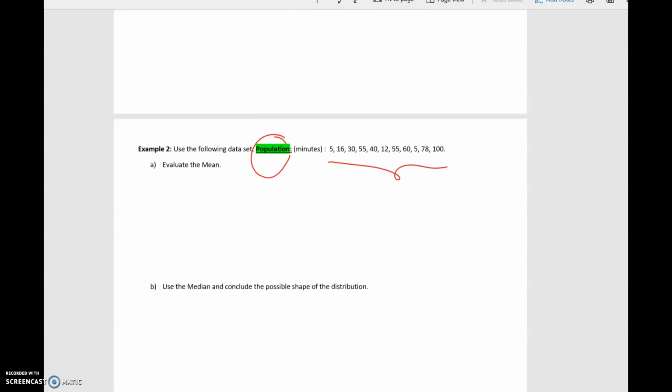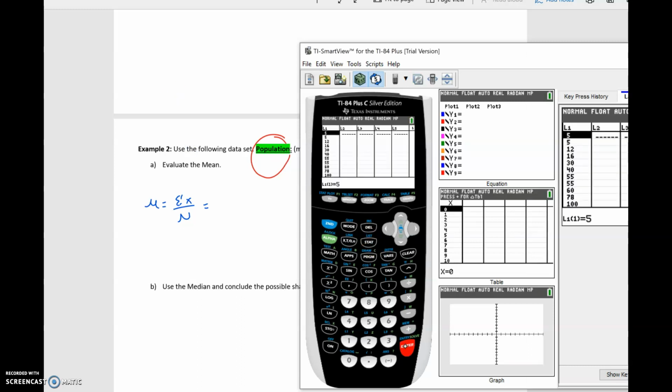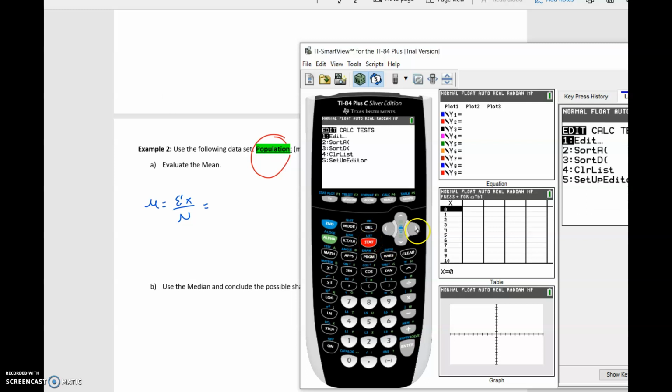This is considered raw data because the data is basically as it was collected. So all you have to do for this one is say that mu is equal to the sum of the x's divided by n. And since the calculation is the same, you're not doing anything other than running the one variable stats.